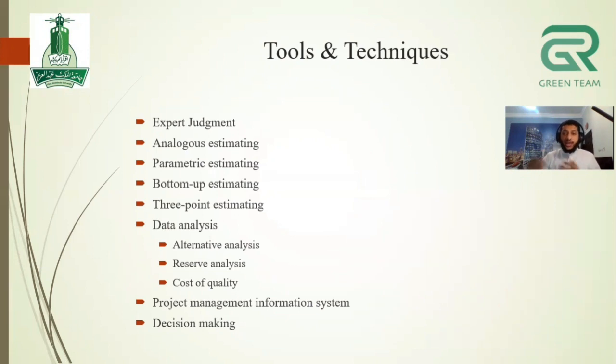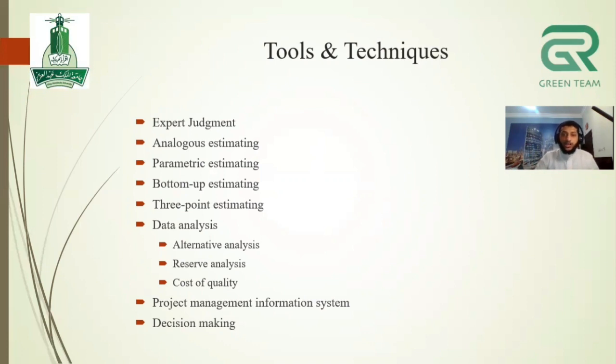These are the main ways, or tools or techniques, to estimate the cost for your project. Also, data analysis. You analyze the data that you have, the cost of quality, using the project management information system you have, and decision making at the end.